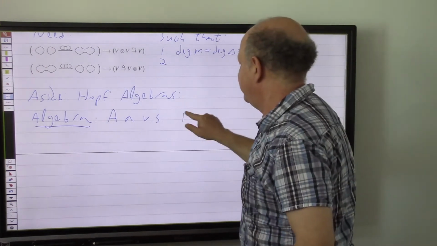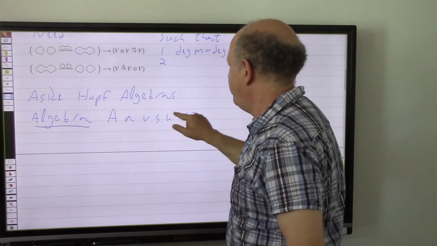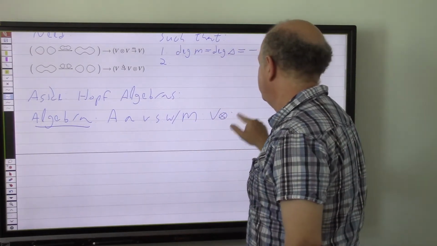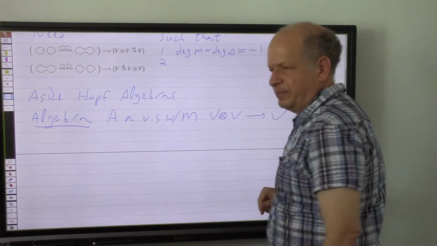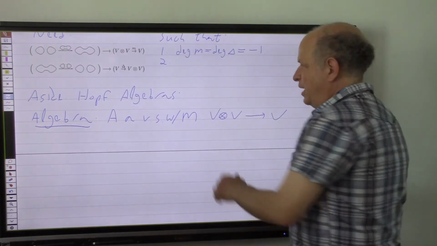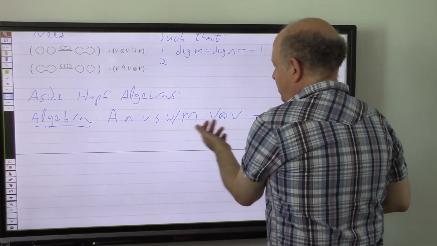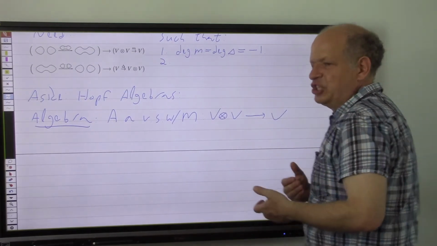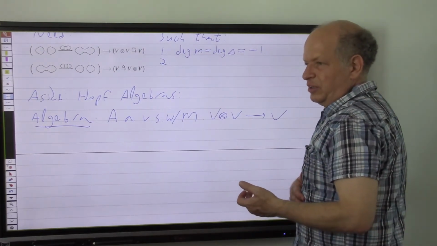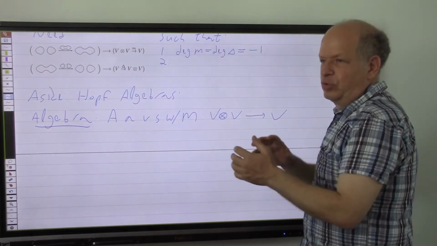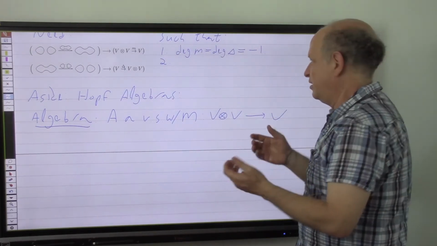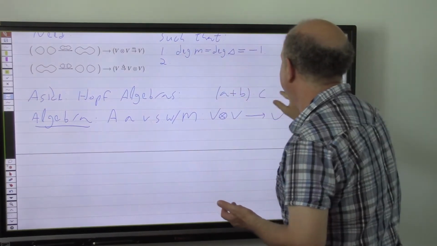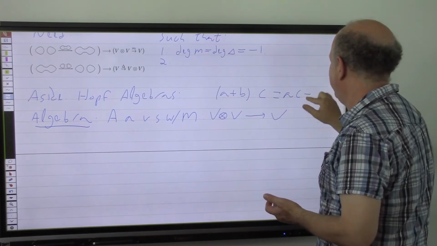A multiplication is a map M which goes from V tensor V into V, and you want the multiplication to be distributive, or in other words, linear in the two inputs. I mean, you want A plus B times C to be AC plus BC.